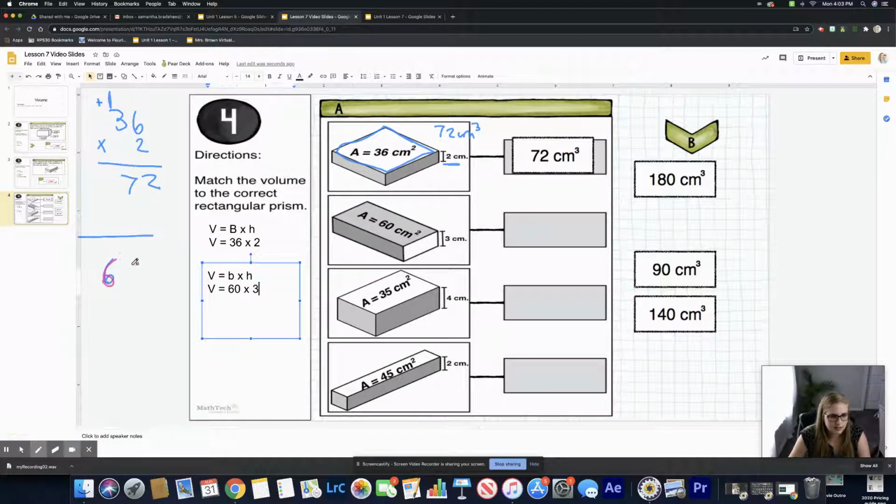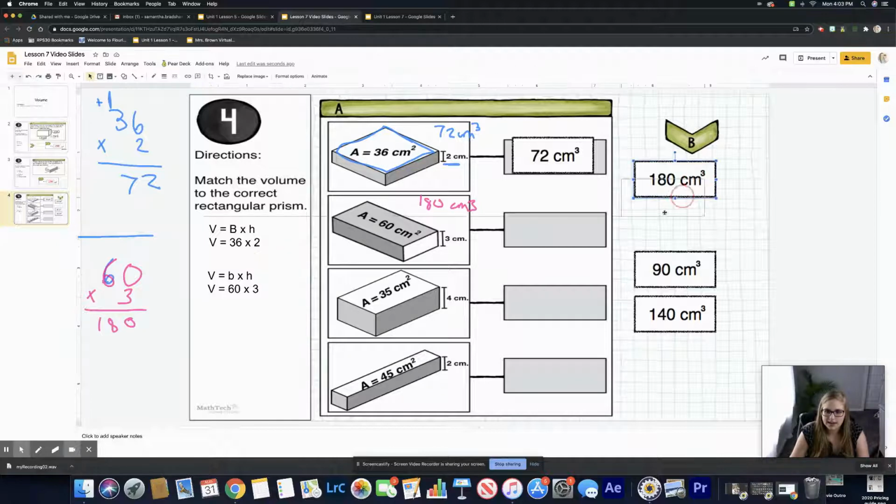So 60 times 3. 3 times 0 is 0. 6 times 3 is 18. So 180 centimeters cubed, or cubic centimeters, is going to be my answer to number 2. I see I have that right here.